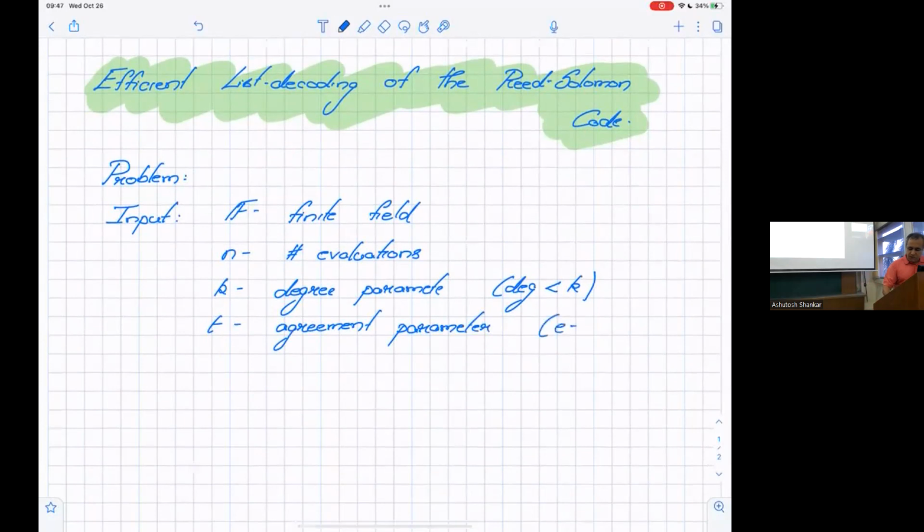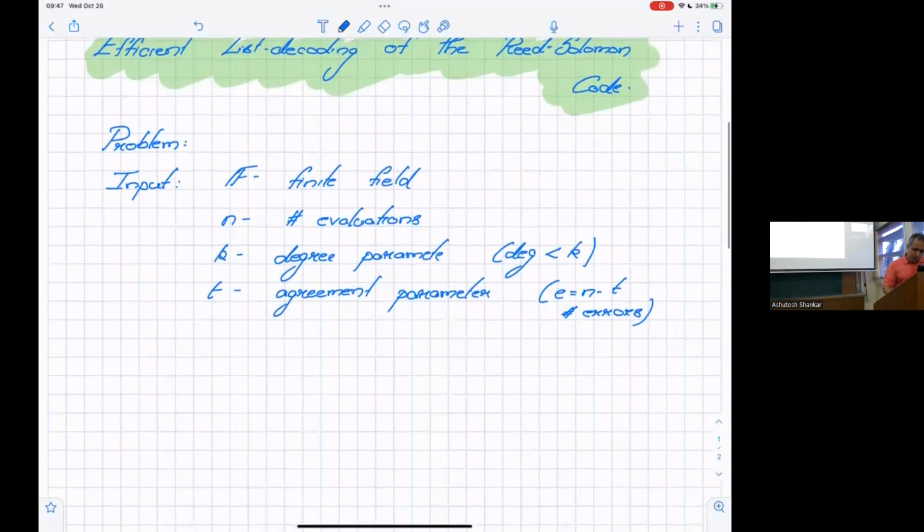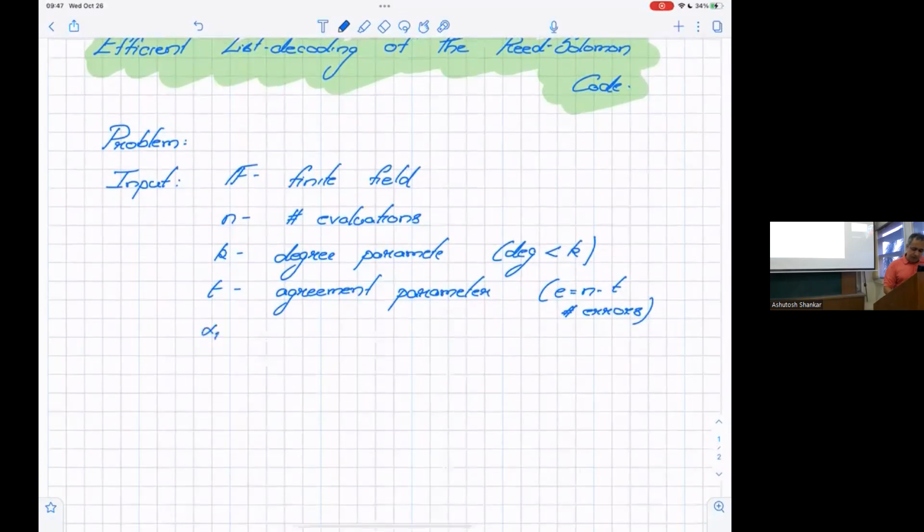Sometimes it's equivalently denoted by n minus t, which is the number of errors. Then you are given alpha 1, alpha 2, through alpha n, distinct points. These are the evaluation points in S. You're given these n distinct points.